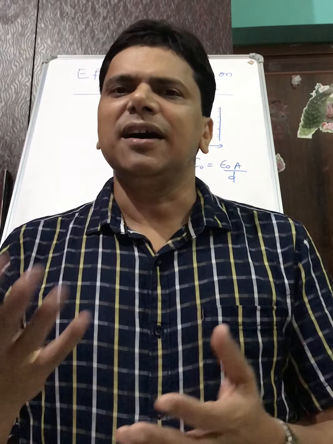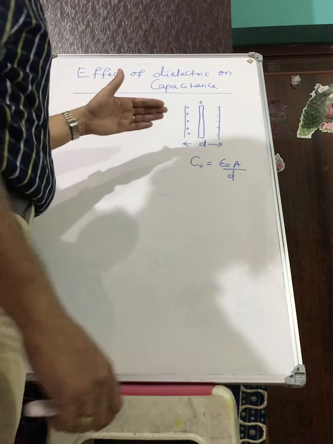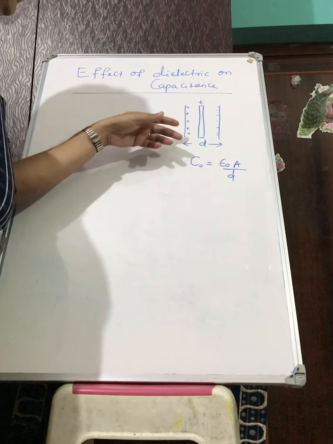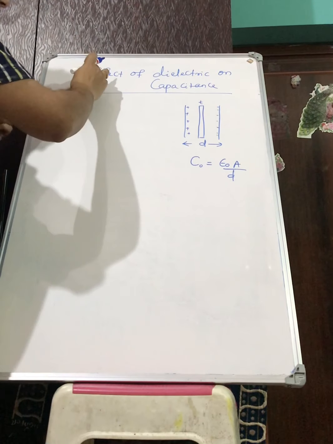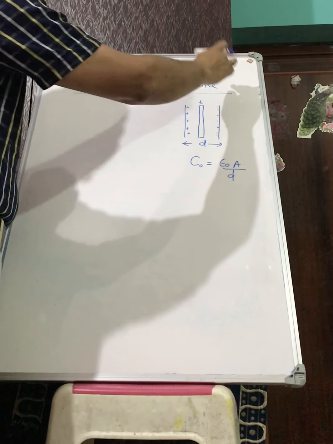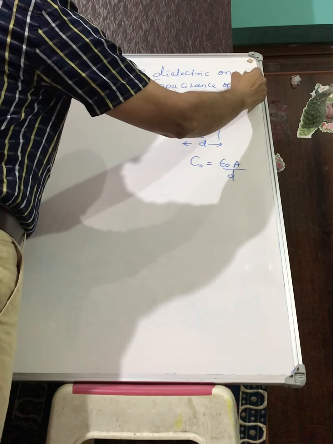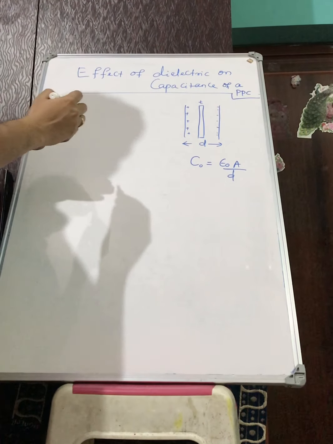Let us see what the value of capacitance becomes when we place a dielectric between the plates of a capacitor. The discussion is the effect of a dielectric on the capacitance of a parallel plate capacitor, PPC.